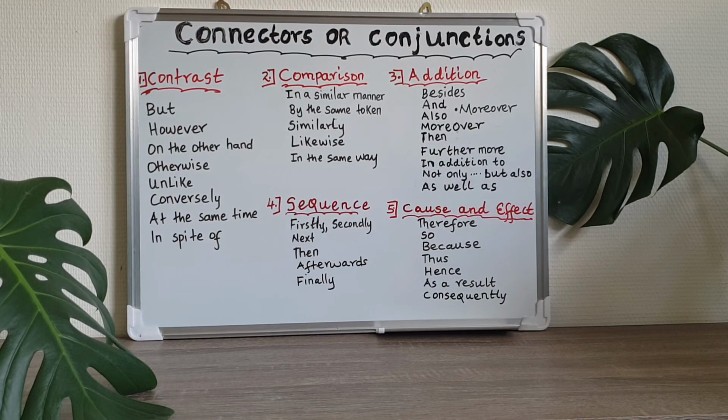The first one is therefore. He did not watch over his small brother. Therefore, his younger brother drowned in the pool. Okay? He did not watch over his younger brother, and therefore he drowned in the pool.